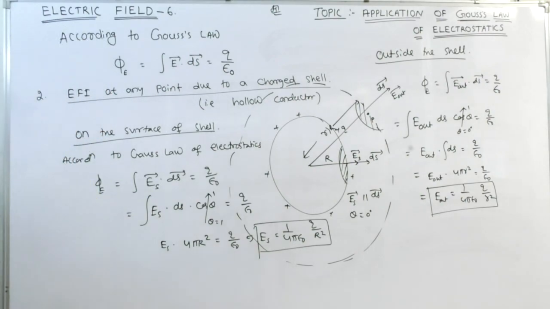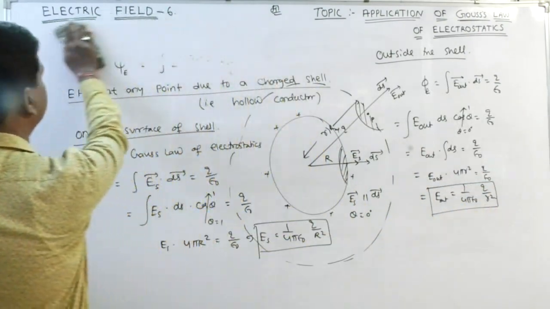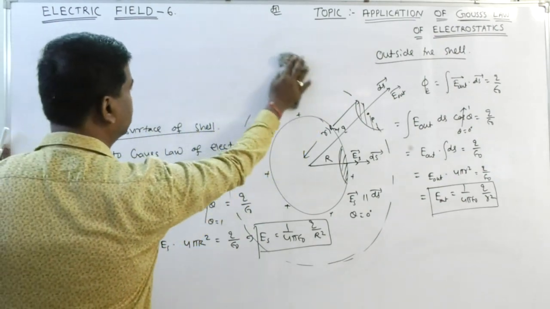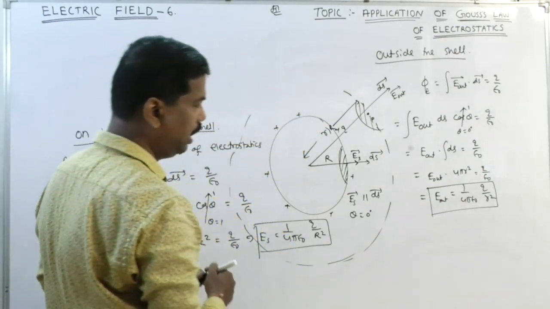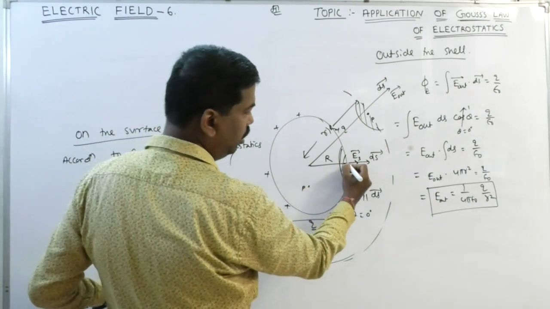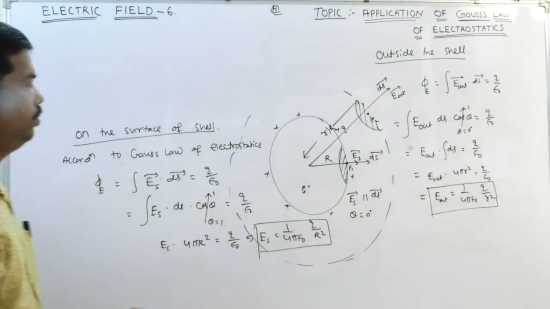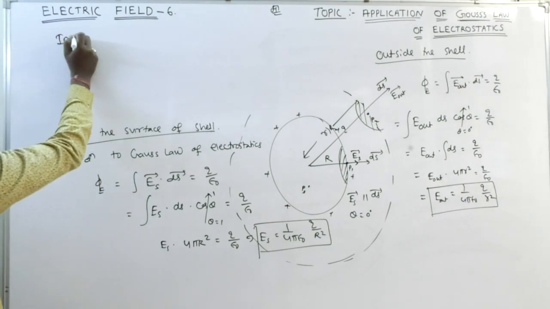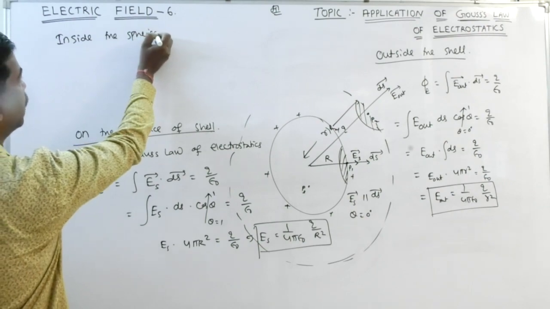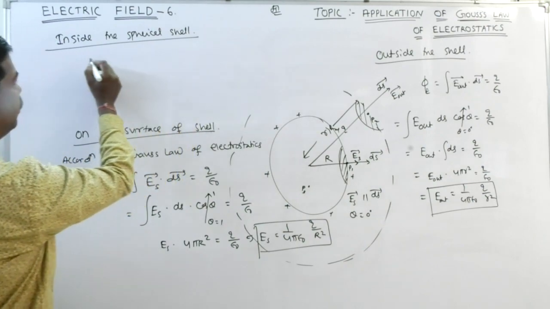Okay? Now assume another point, let this point be P1, this P2, and let this be P3, inside the spherical cell or hollow sphere.